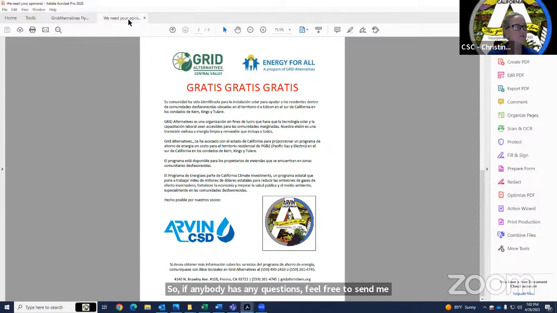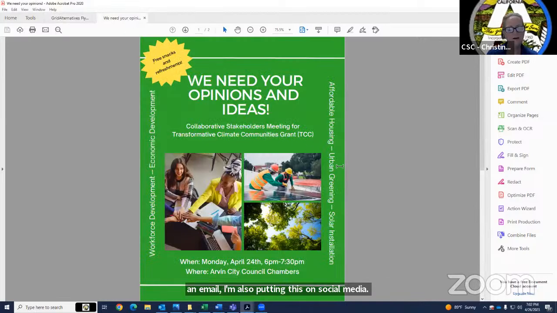And then the second thing I wanted to share with the CSC is that the city of Arvin is working on a transformative climate community grant, and we are forming our own steering committee for comments and opinions about the types of programs and elements of the application that they would like to see in Arvin. We did have our first committee meeting on Monday. It's presently an informal committee, and we hope to expand that to become a formal committee in the future if they will support funding for developing a formal steering committee with stipends.